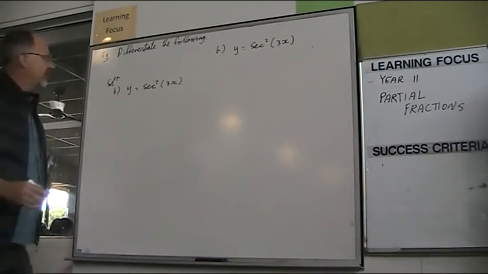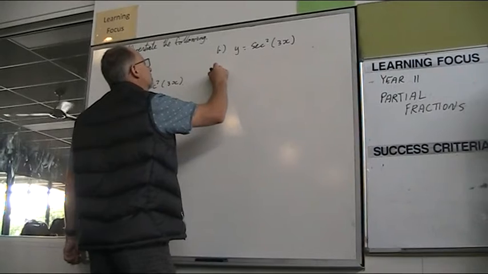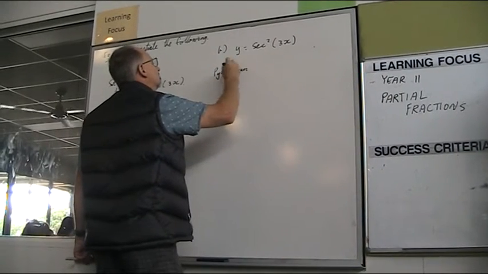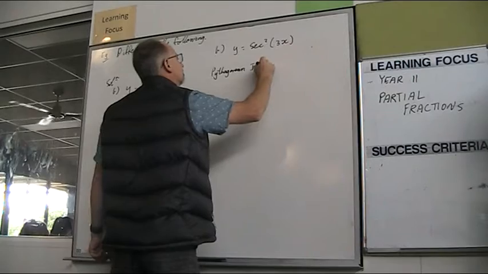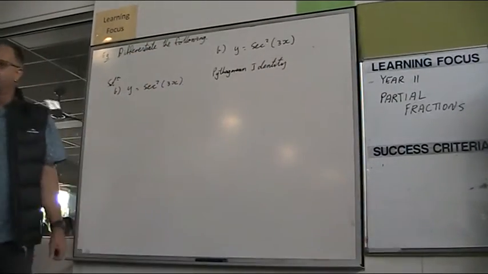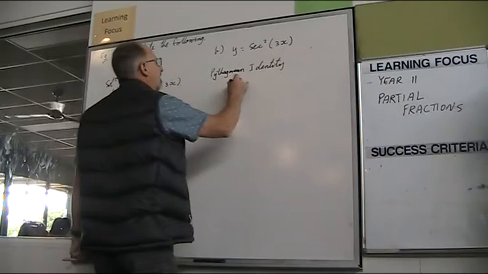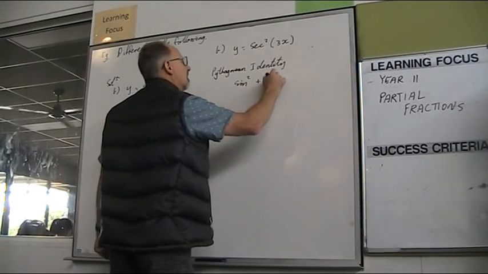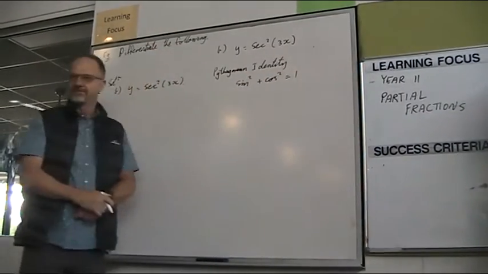So Pythagorean identity. What is the Pythagorean identity? Sine squared plus cos squared equals 1. Yes?